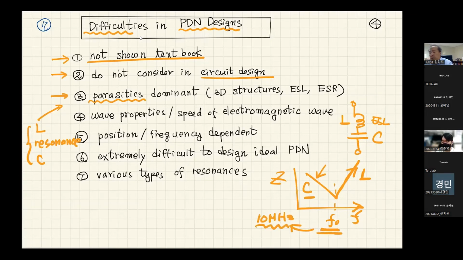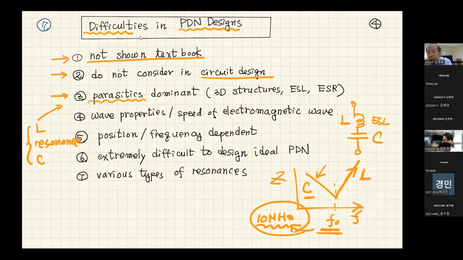Even though the shape of your decoupling capacitor is a capacitor shape, and in the circuit diagram it is shown as a capacitor, unfortunately it is a capacitor only below the resonance frequency. In the gigahertz range, it is very, very difficult to find a capacitor because inductance is more dominant.